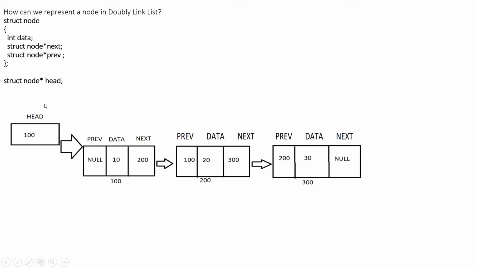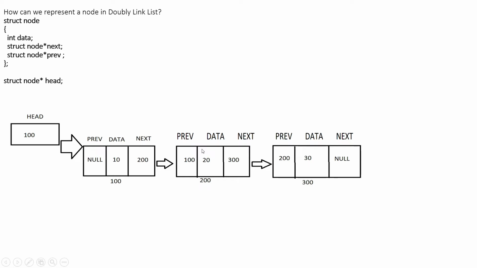First of all, in any data structure, we have this head node which will be storing the address of the first node, making the first node the head node. Then we come across the pointers next and prev. The next pointer actually points to the address of the next node.